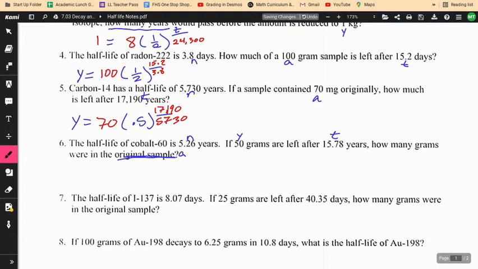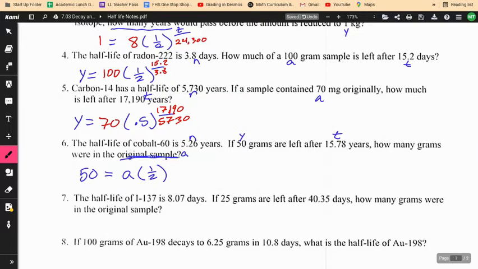So this time I know the final amount. I don't know my A value. B is always 1/2 with half-life. And then I have 15.78 over 5.26. So that equation is what I'm going to use to help solve this.